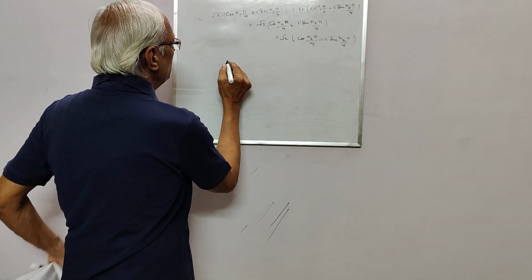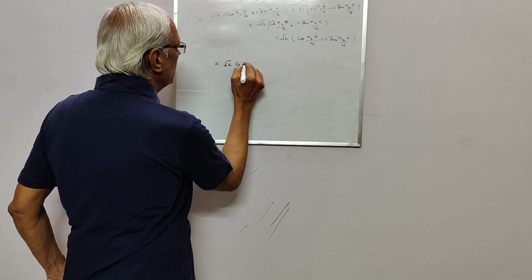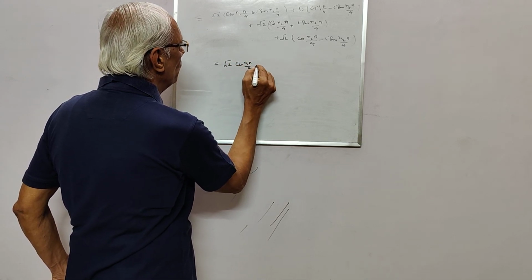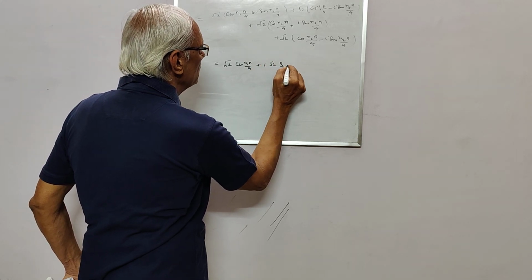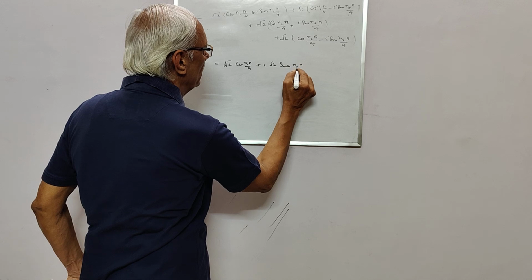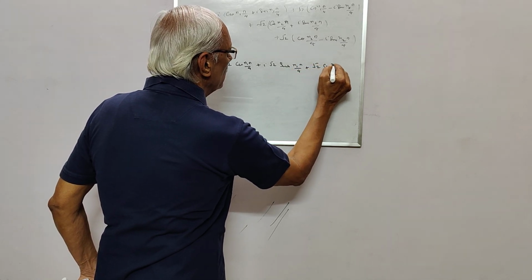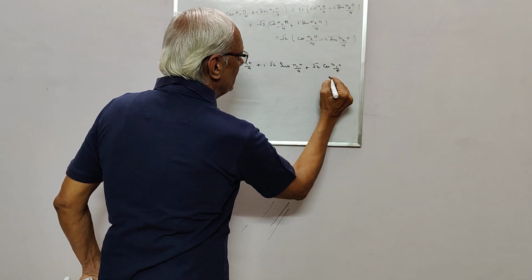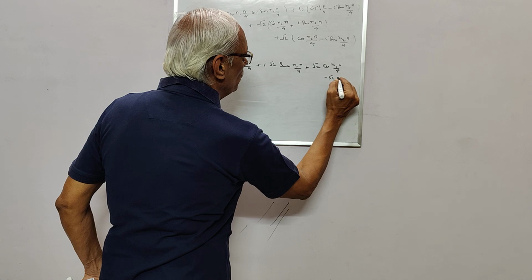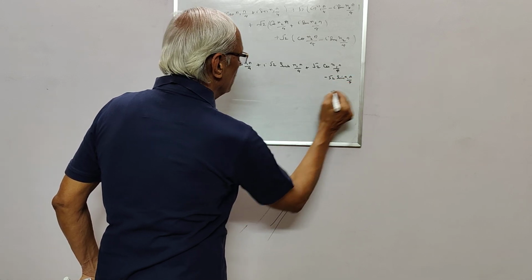Root 2 into cos n1 pi by 4 plus i root 2 into sin n1 pi by 4, plus root 2 into cos n1 pi by 4, then minus root 2 into i sin n1 pi by 4.